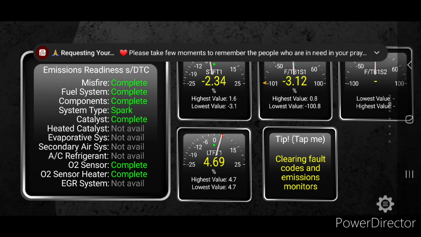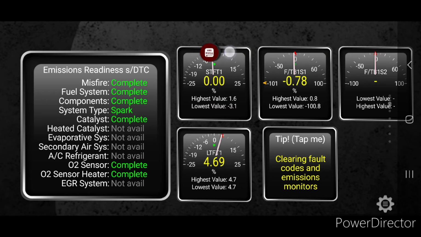This vehicle is a 2007 model, and it's more than 10 years old, maybe 17, so 17 years, guys. The age of this vehicle is 17 years.